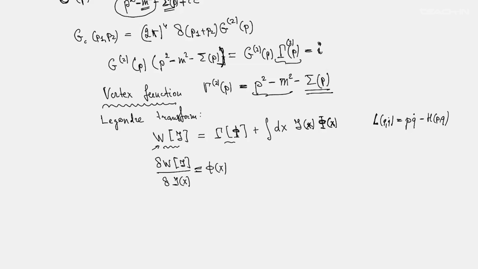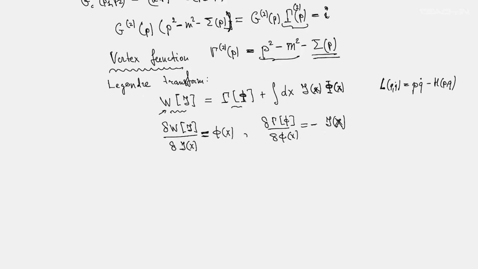And analogously, delta gamma of phi over delta phi will give you minus J of x. So these formulas are transition formulas, which allow you to compute gamma of phi if you know W of J, or we can compute phi via J or J via phi by using these formulas. And therefore, if you know one of these functionals, either W or gamma, you can restore another one.